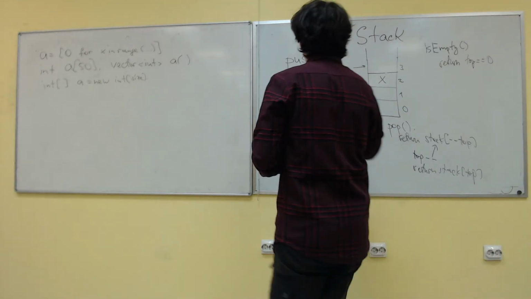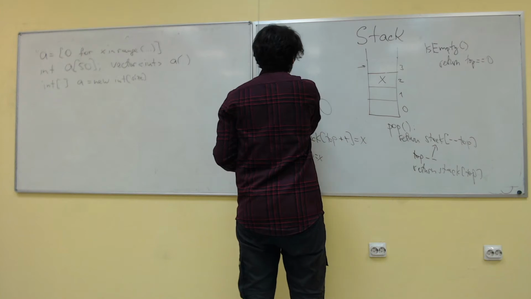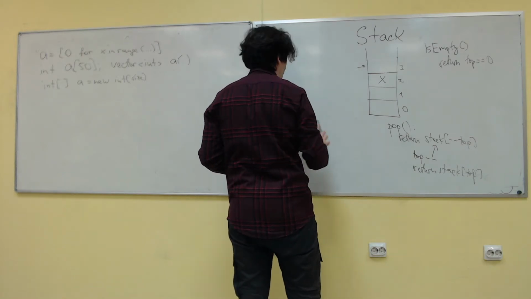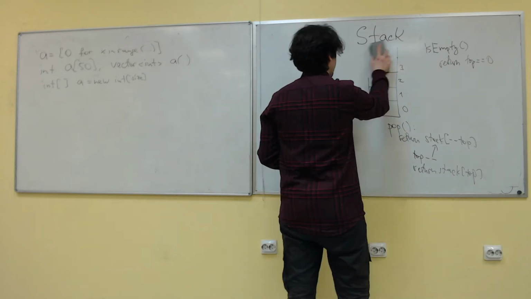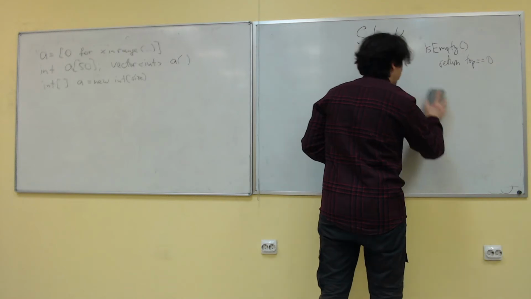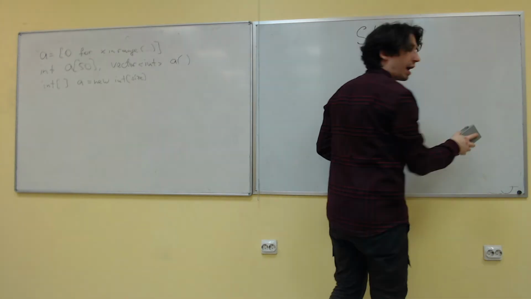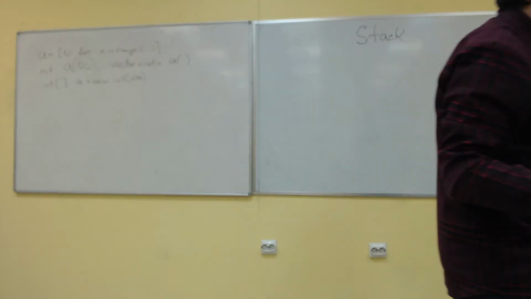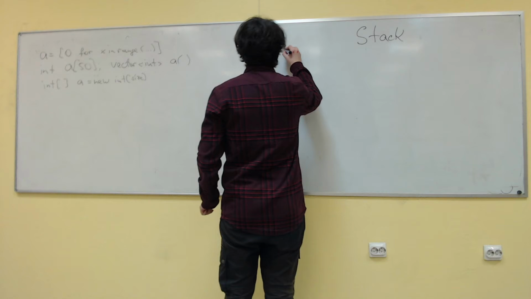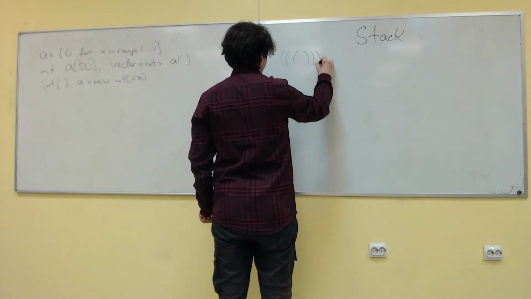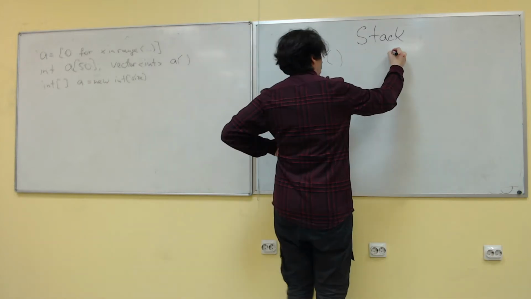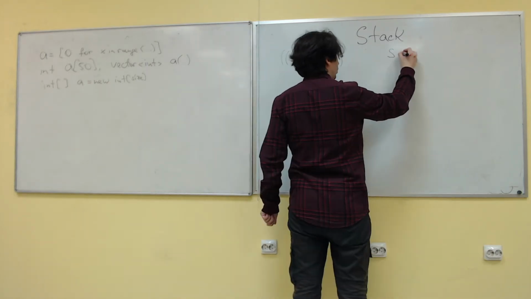So consider the problem of bracket sequence. You're given a bracket sequence and you have to check whether this bracket sequence is correct. So what is a bracket sequence? A bracket sequence can be created in two ways.